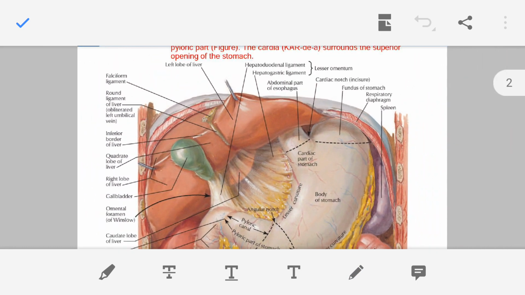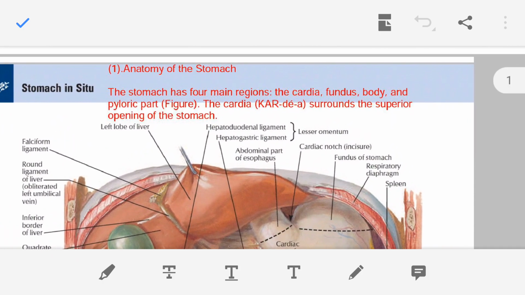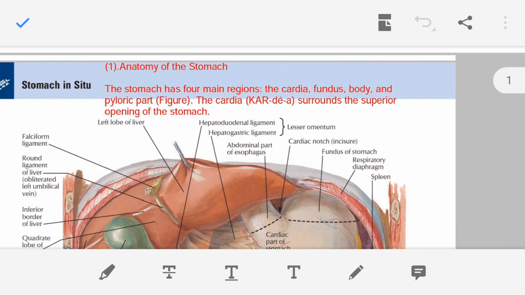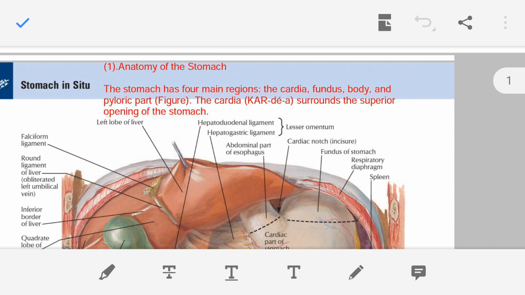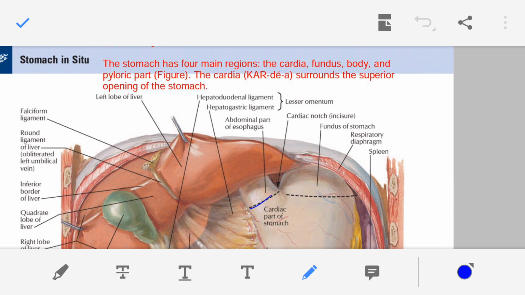Now, starting with the first point. As I have shown you in that figure earlier, there are 4 main regions in our stomach. The first region is the cardia. I am showing you all the regions. For example, this region is the cardia. The second part is the fundus.